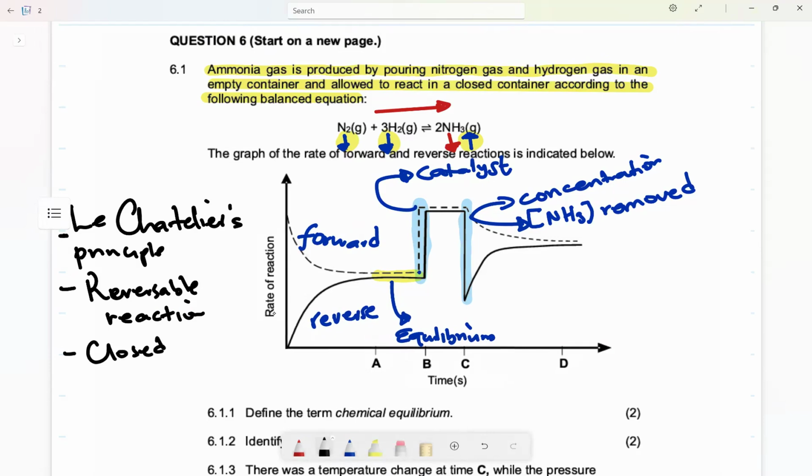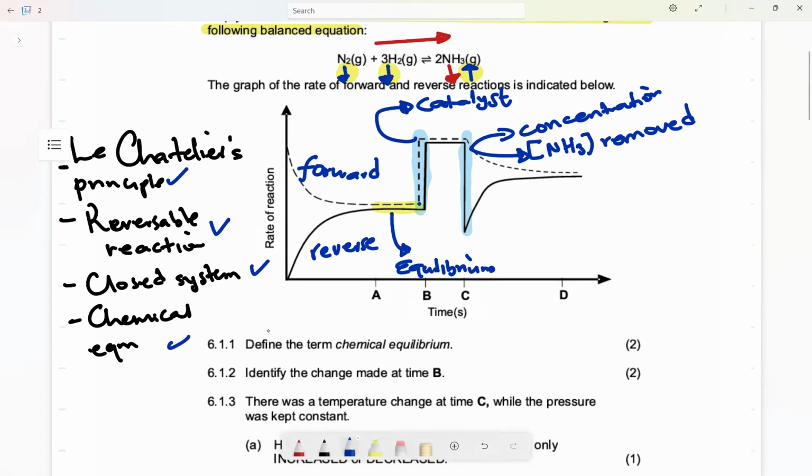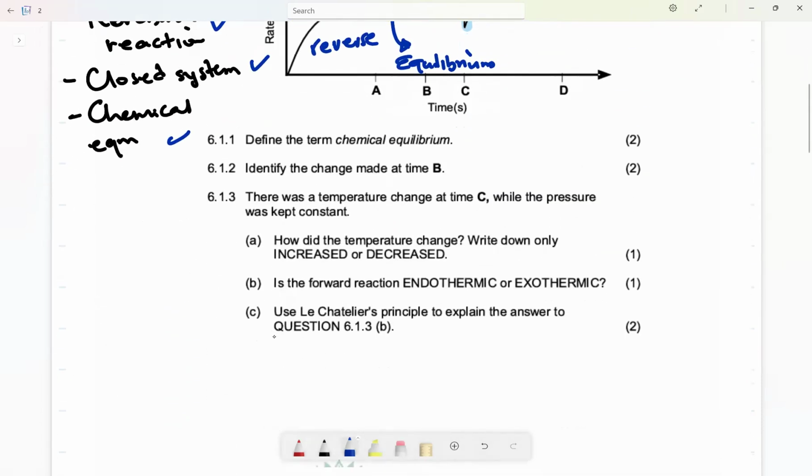Closed system. Okay, then let me see. Then chemical equilibrium. You need to know these four definitions. First one, second one, third one, fourth one. The examiner can ask you any of them. Okay. Now we are in a position to answer. Why? Because now I have analyzed the sketch first. Now let's see.